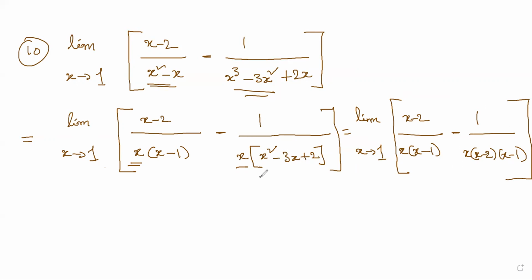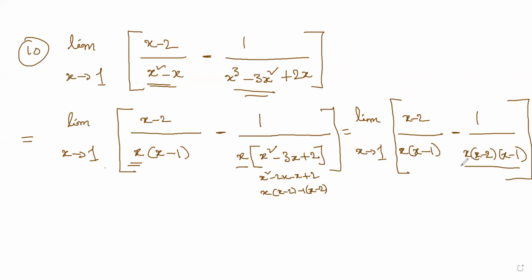You can factorize x square minus 3x plus 2 as x square minus 2x minus x plus 2, that is x into x minus 2 minus 1 into x minus 2, which is x minus 2 into x minus 1. Clear?